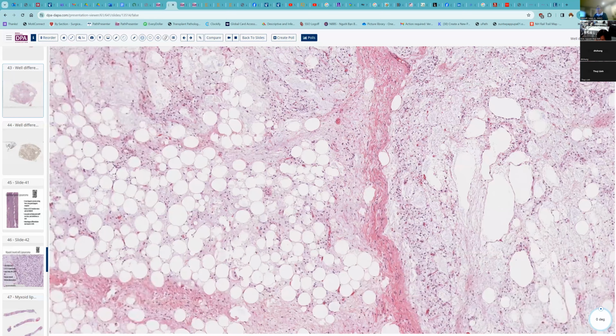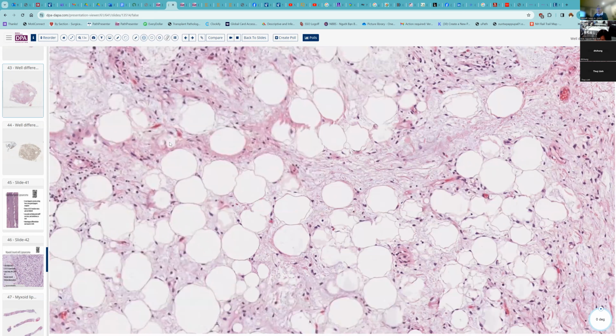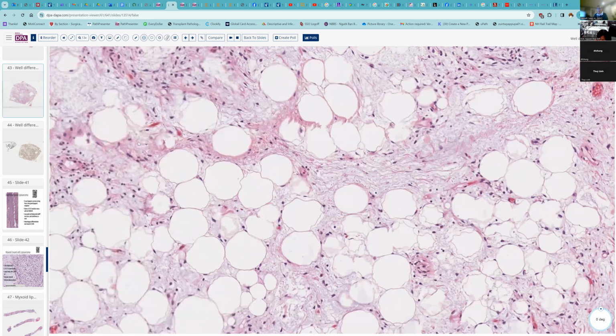And how do we know that? Well, that's based on the finding of the characteristic molecular changes, which sometimes have some immunohistochemical correlates.